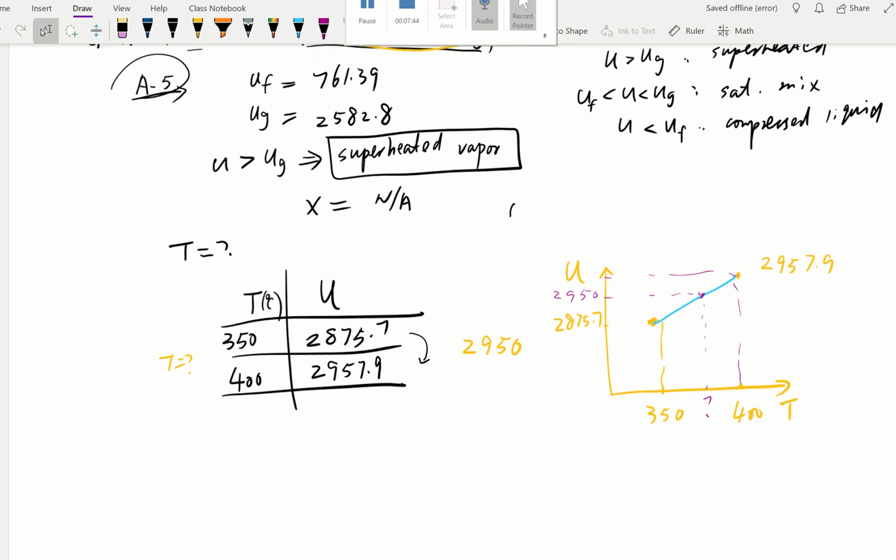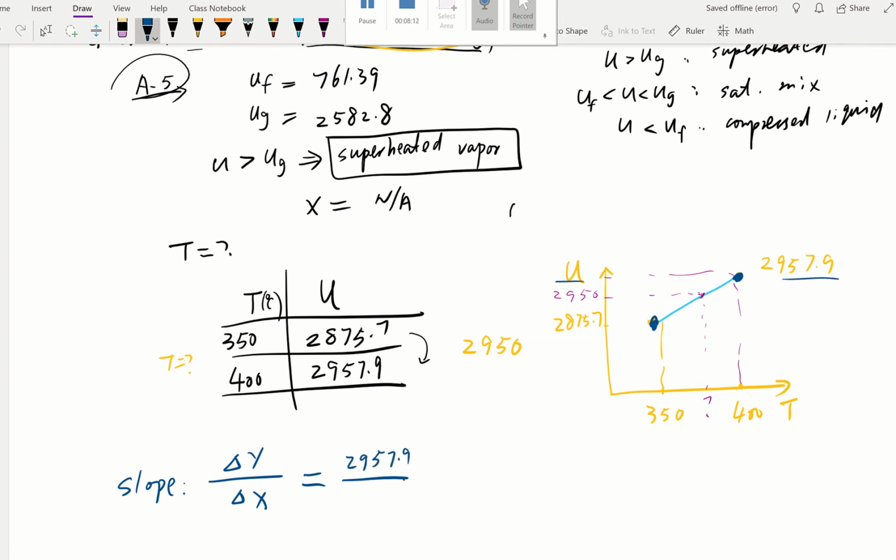In order to do that, we're going to set up the equation, a linear equation, basically using the slope. The slope, quick review, is rise over run, delta y over delta x. So we're going to use these 2 known blue points.